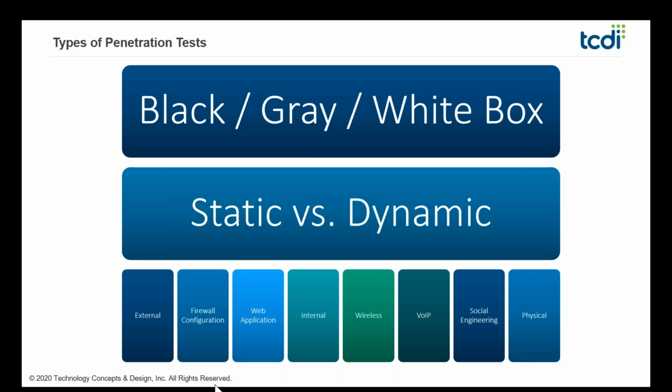And then a dynamic pen test is from the outside in, where the pen tester engages your external environment or web application or your internal network from an outside perspective.